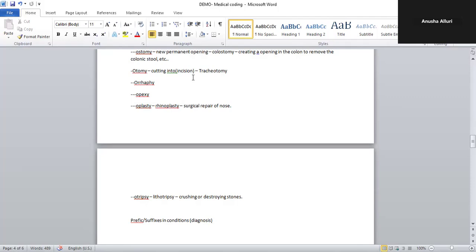We have to know the directions and positional terms. AB means away from. AD means toward. Abduction means the leg was turned away from the midline. Adduction means turning the leg towards the middle. Ecto means outside, ectopic, exocrine.